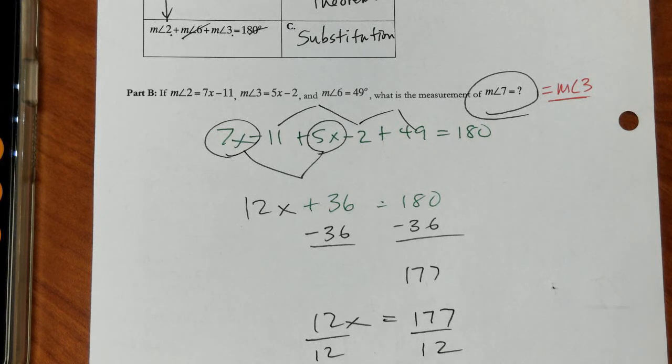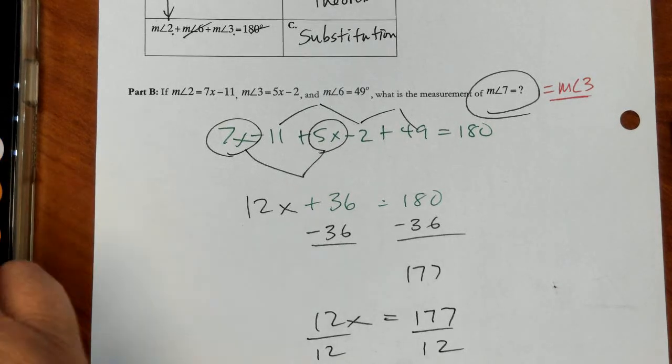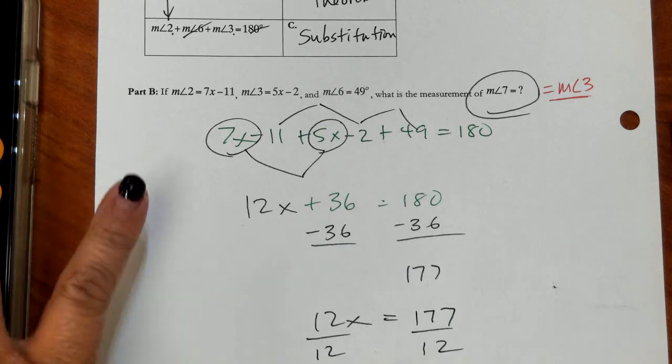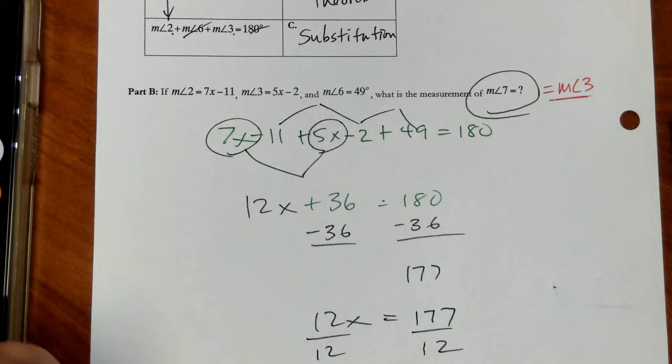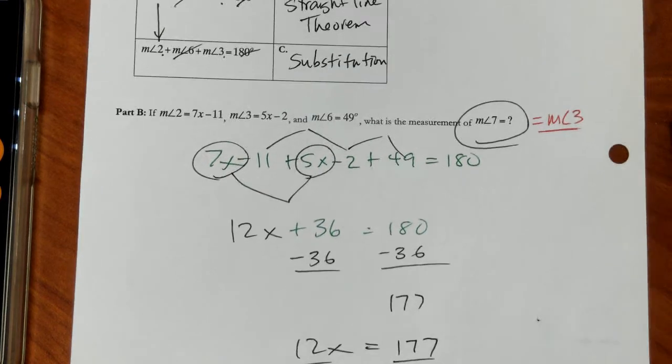So what we have next is 144 divided by 12. Okay, so x equals 12.